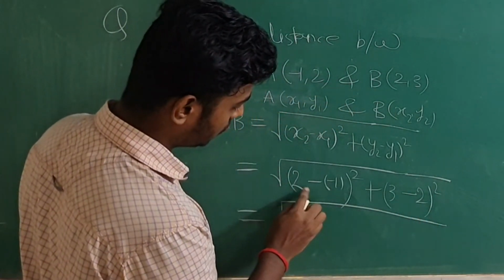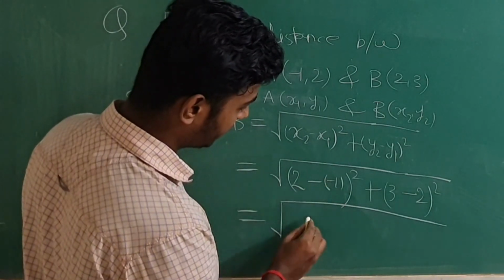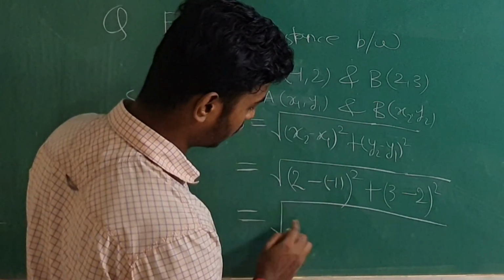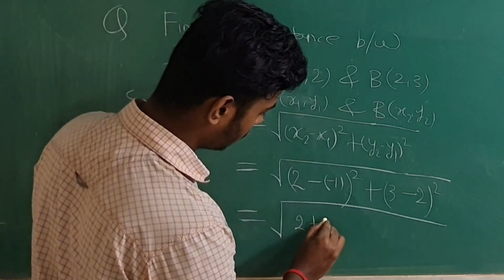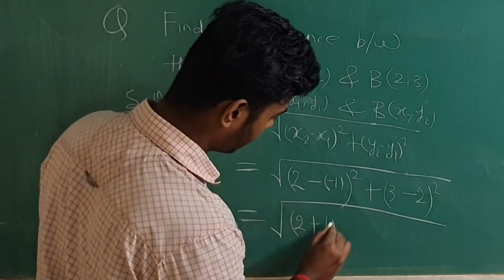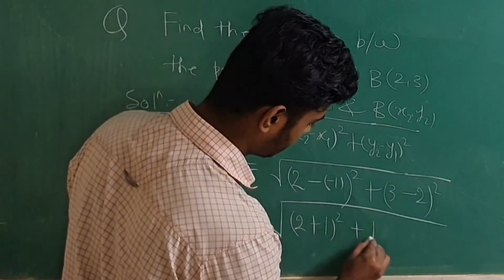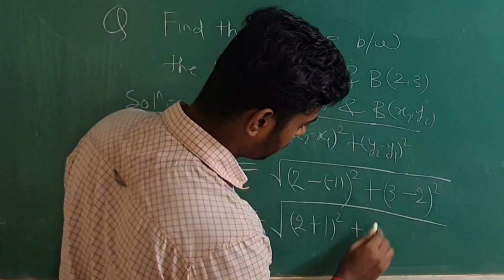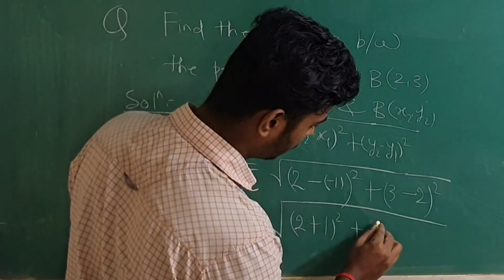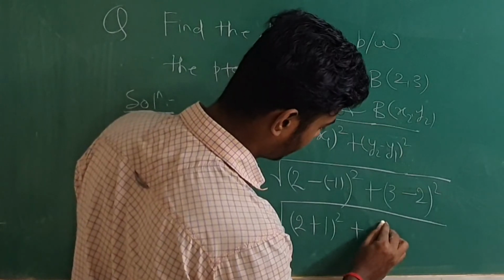Two minus of minus becomes plus, so (2 plus 1) the whole square plus (3 minus 2, which is 1) the whole square.